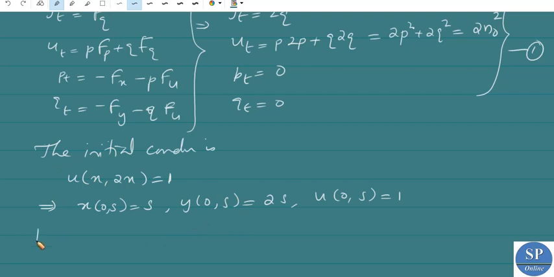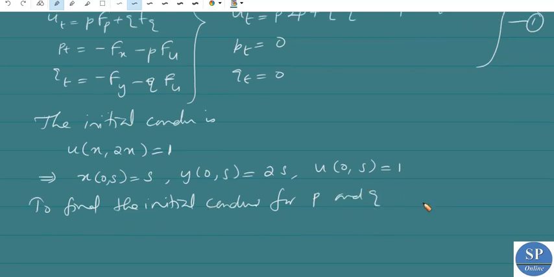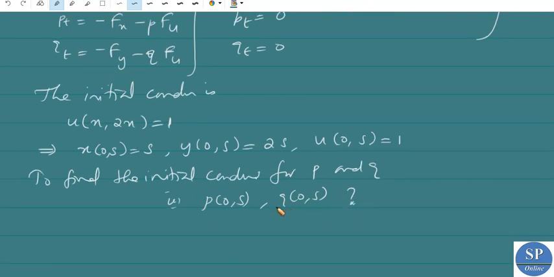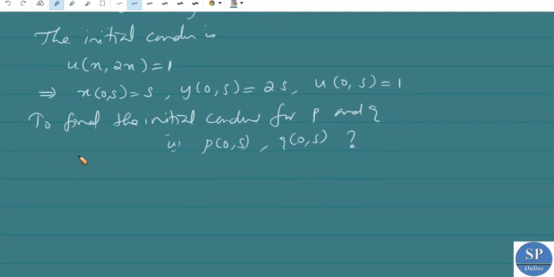So we have to find the initial conditions p of 0, s and q of 0, s. We already proved in the last theorem that the values of p naught and q naught, the initial conditions for p and q, are obtained from the following equations.